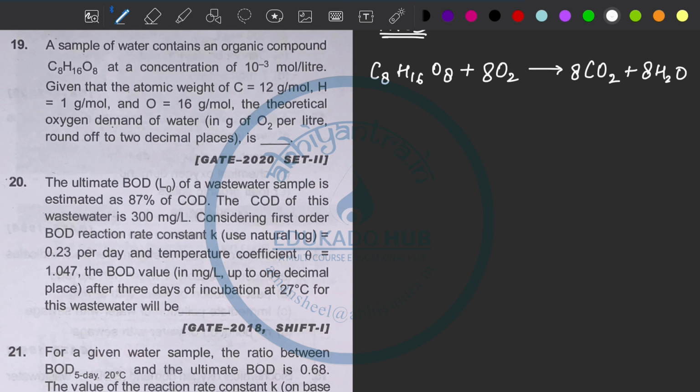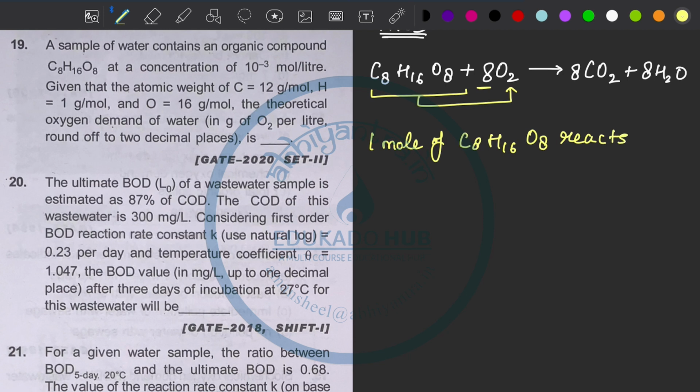This is how, I can say from here, that 1 mole of this C8H16O8 will react with 8 moles of oxygen, right?